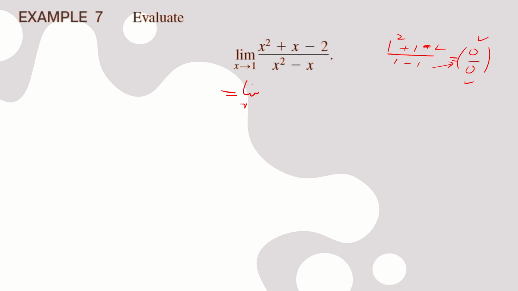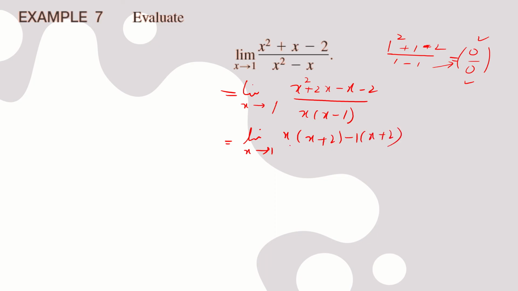फैक्टराइज करते हैं, limit x goes to 1, and this can be factorized as x square plus 2x minus 2 divided by x into x minus 1, which is same as limit x goes to 1, x plus 2 into x minus 1 divided by x into x minus 1.